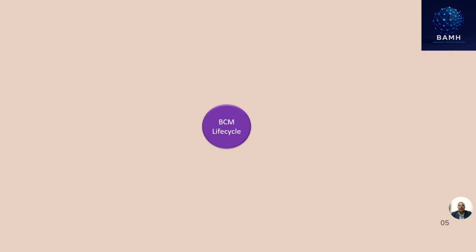In this slide, we'll be getting some knowledge about the BCM life cycle. Keeping your business running smoothly, no matter what. Implement resilience and response. Stay on top of things. Manage your plans for handling disruptions.